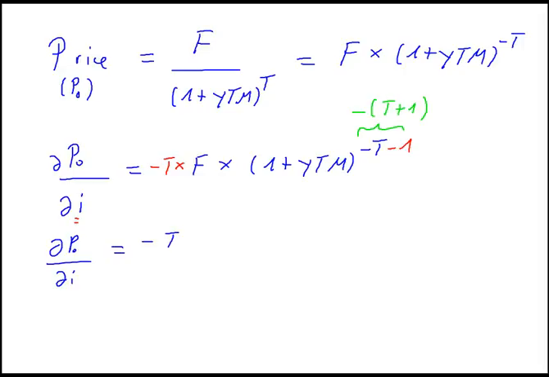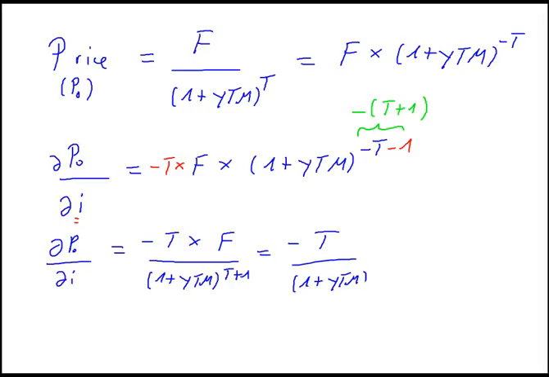We have minus t times the face value, so minus the maturity of the bond times the face value, divided by 1 plus the yield to maturity to the power of t plus 1. And that is the same as minus t divided by 1 plus the yield to maturity, times the face value over 1 plus the yield to maturity to the power of t.